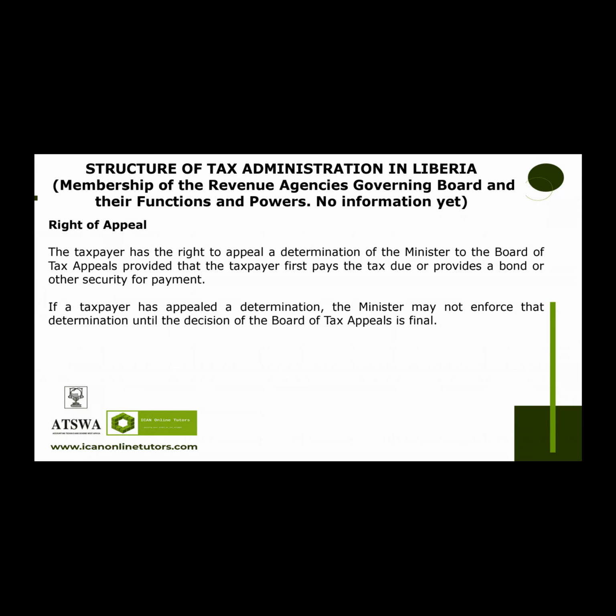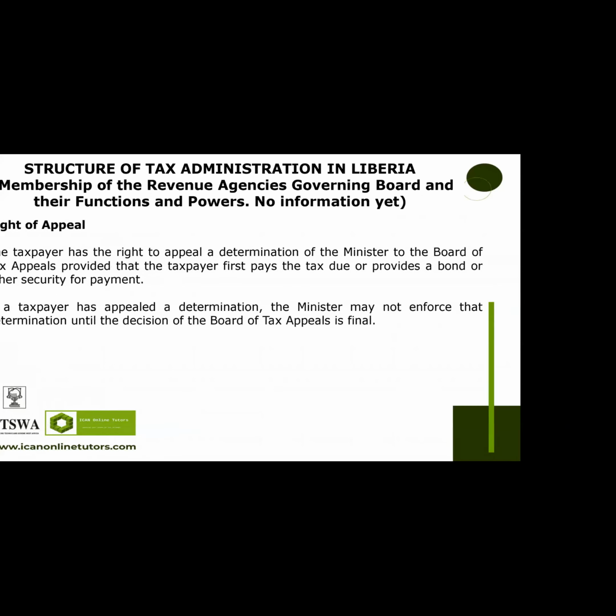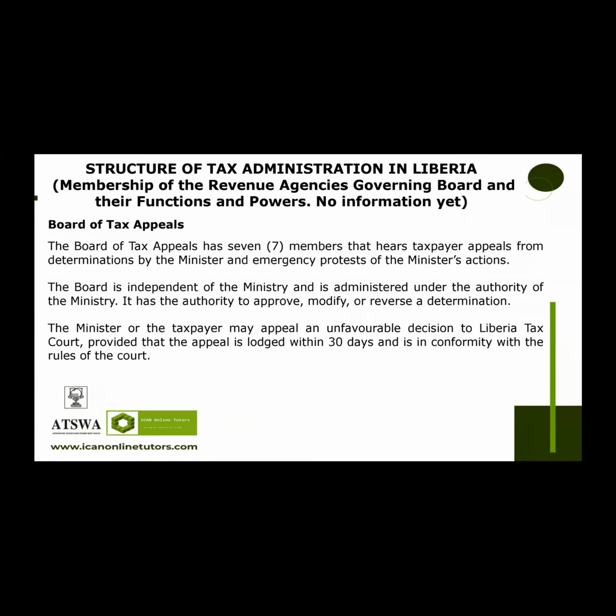Are you together? We also have the Board of Tax Appeals, just like we have it in Nigeria and Ghana, and the composition of this board is 7 members, all appointed by the president.